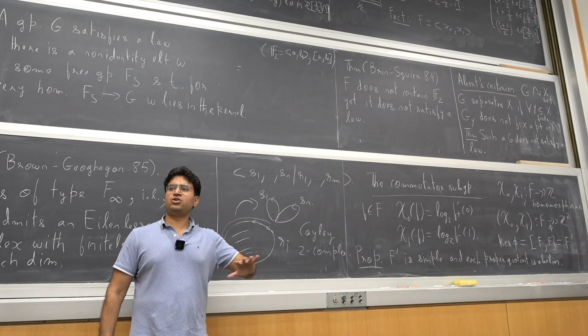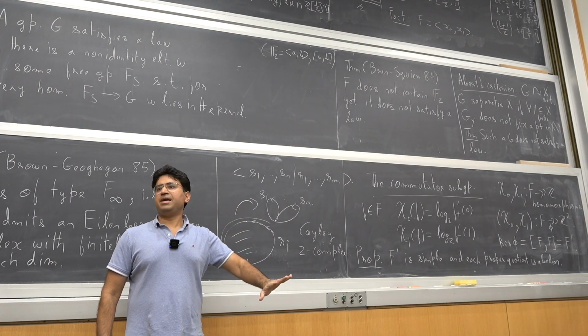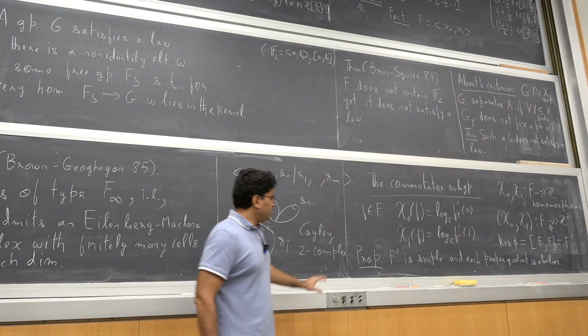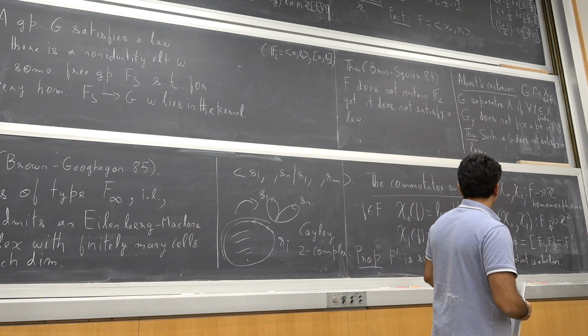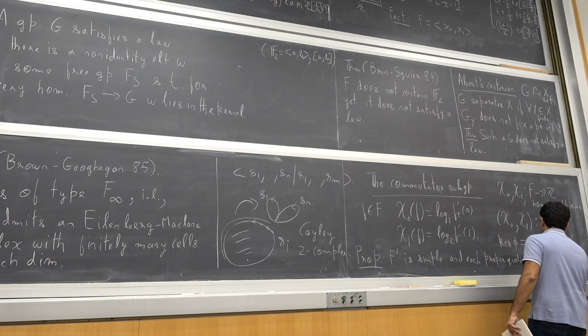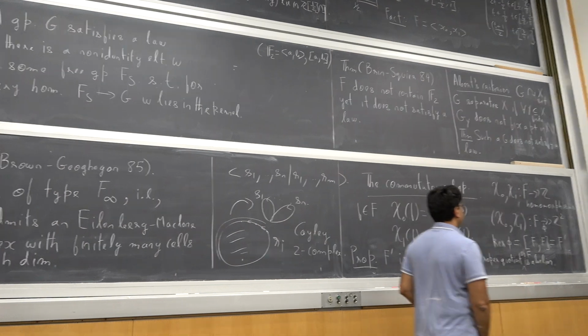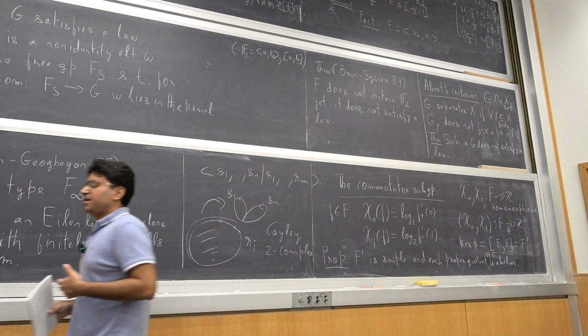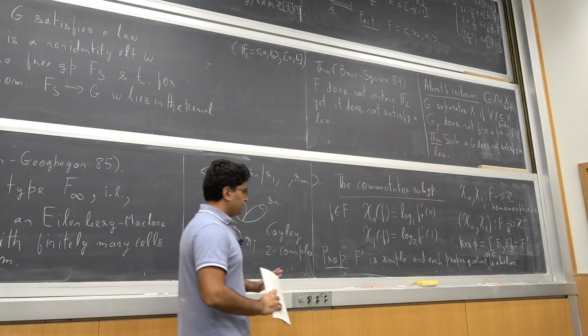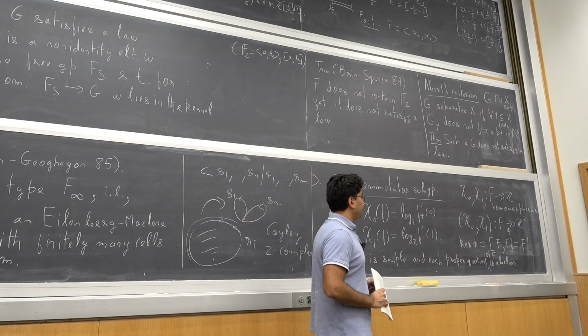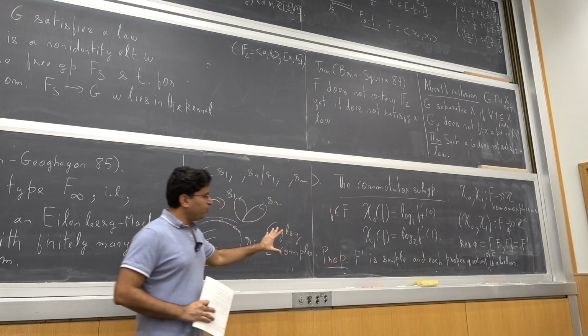So the normal subgroup structure is rather uncomplicated.